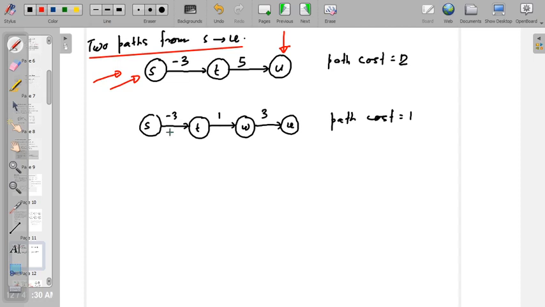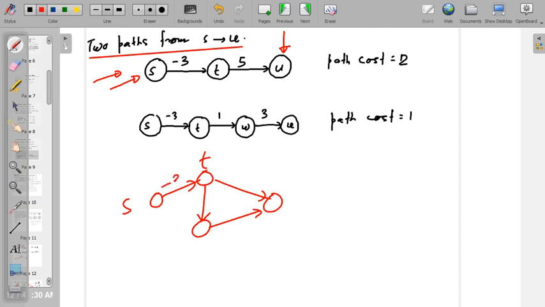And another is like this. This is our T, this is our S. And another path is S to T, then T to W, and then W to U. So this may be the graph structure.